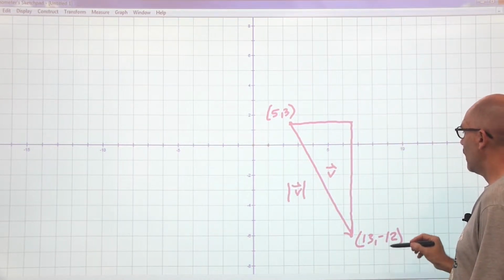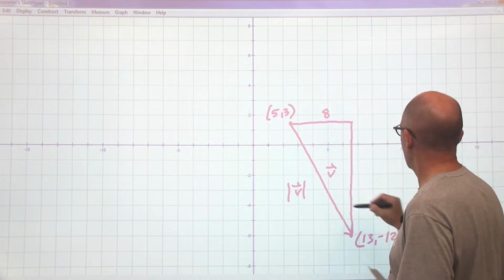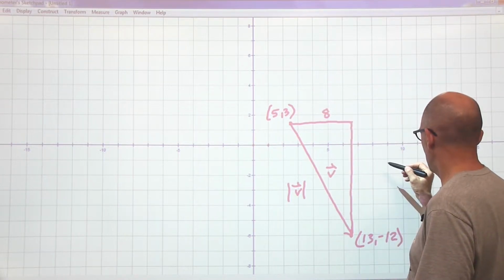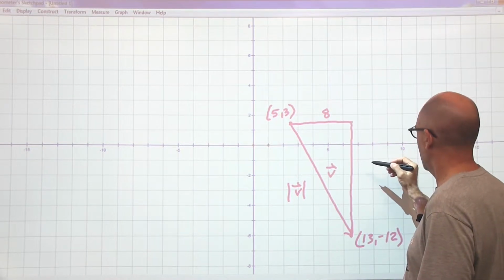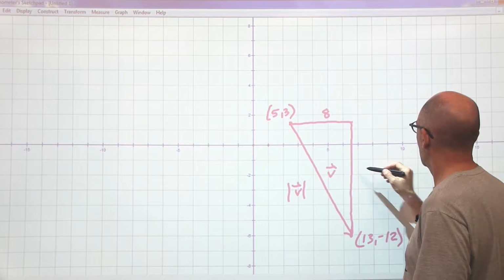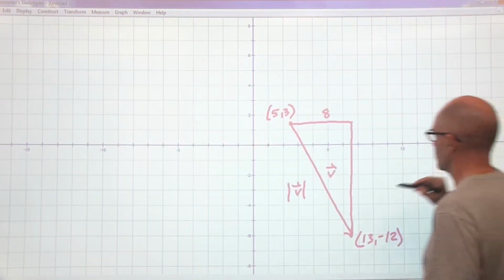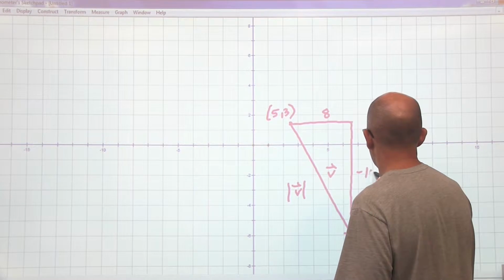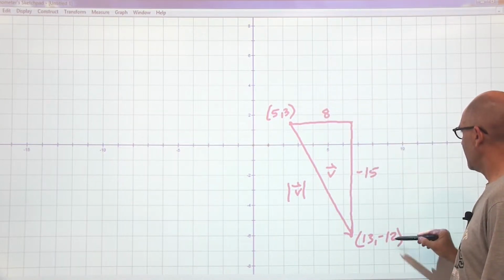I'm going right 8 and down 15, because 3 minus 15 is negative 12.